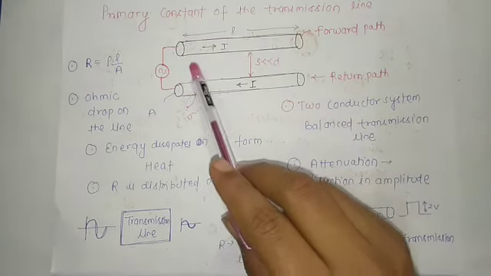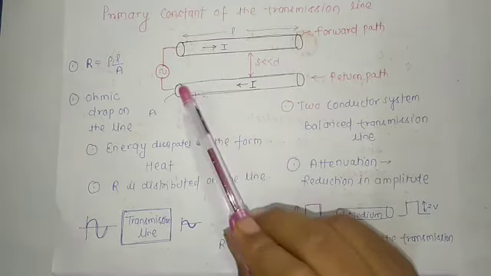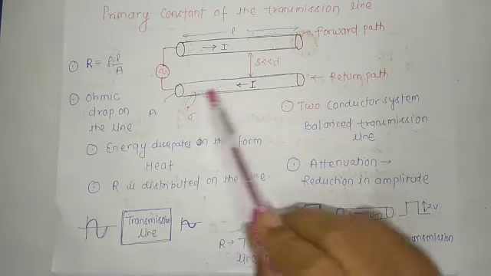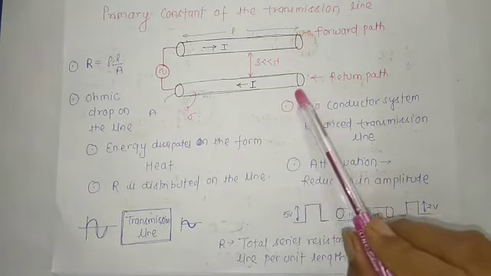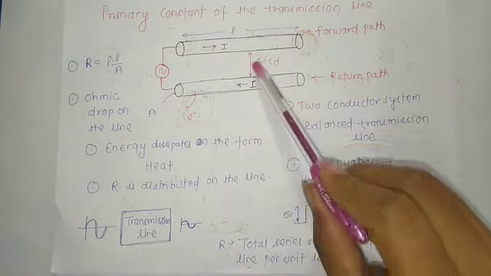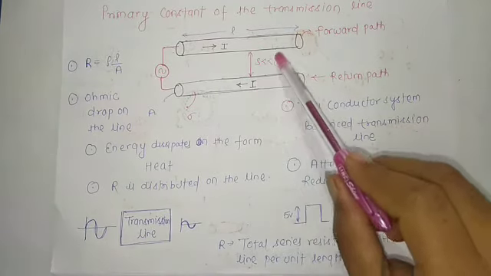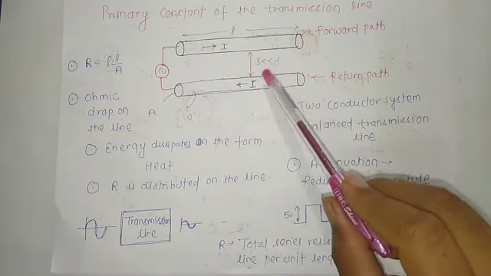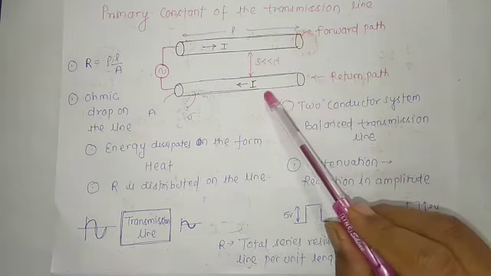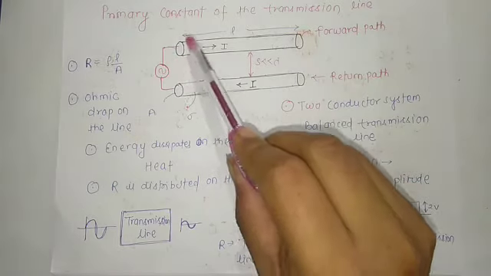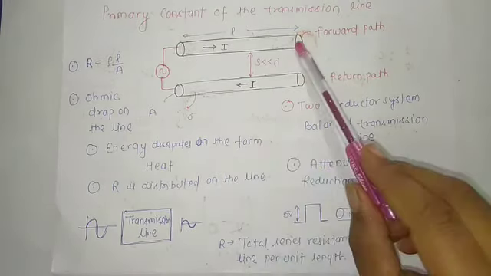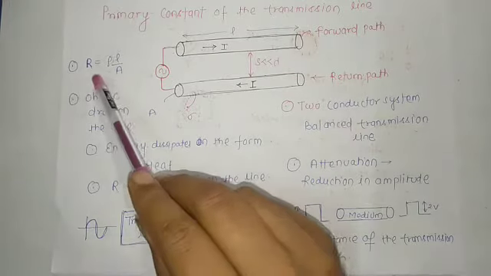What was the function of a transmission line? To guide the energy from source to load, and this condition must be satisfied, otherwise your guiding structure will become a radiating structure. It has some cross-sectional area and some length, which means there will be some resistance also.